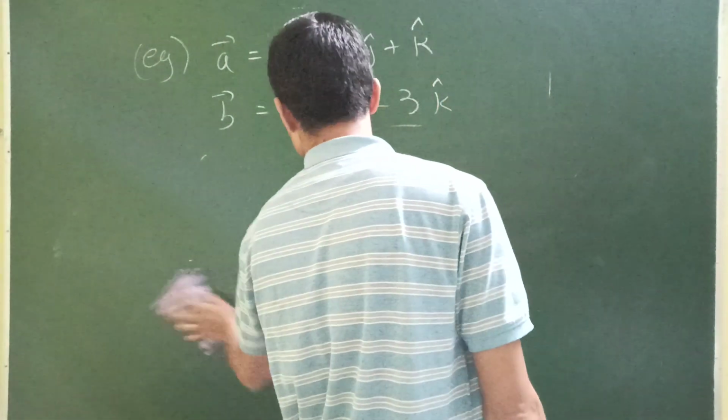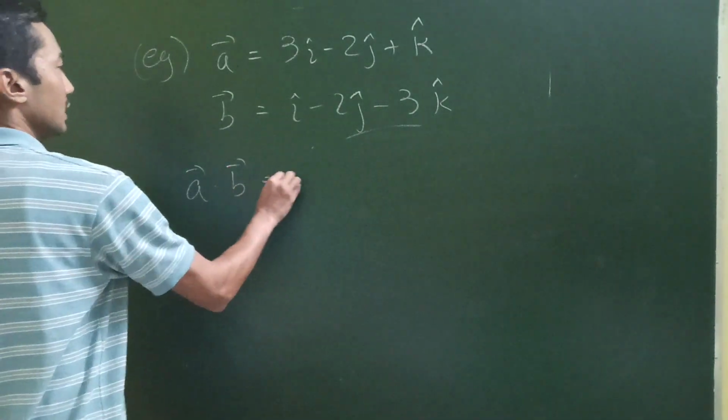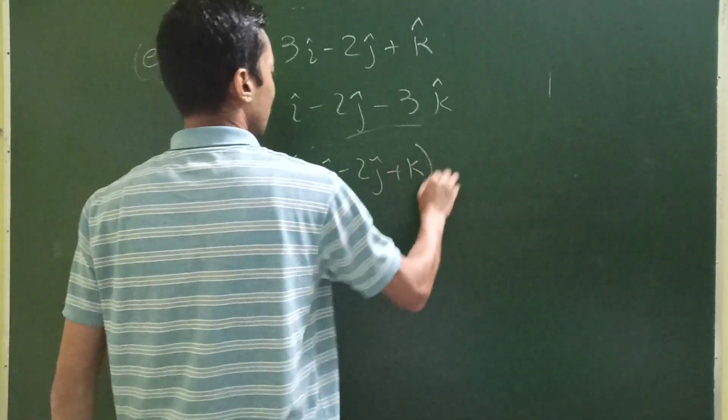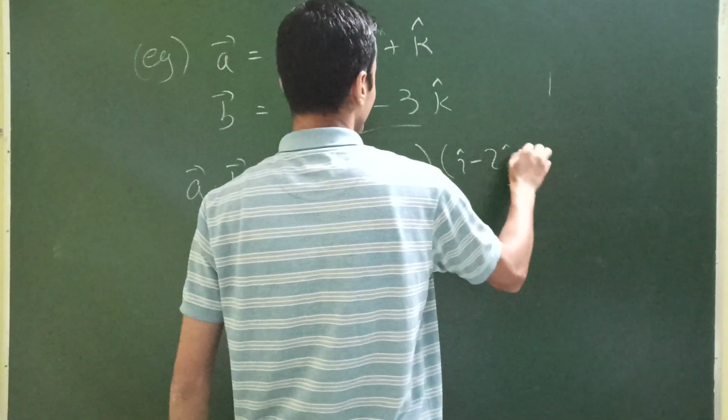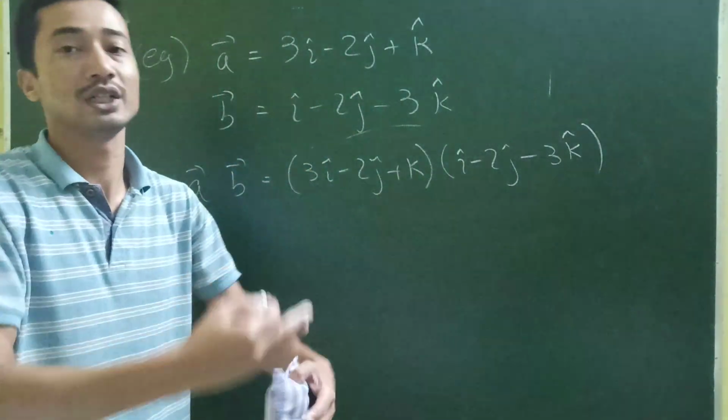Now, when you go for the dot product of two vectors, once again I'm going to write 2j plus k. What you need to do, I'll tell you. No need to write all those steps which we did. That was just showing you what exactly happened.